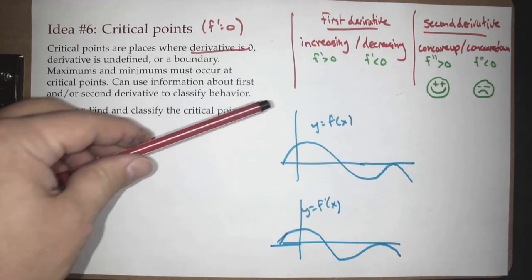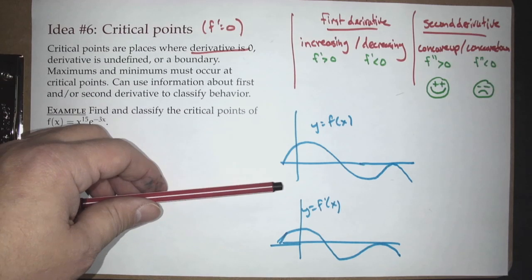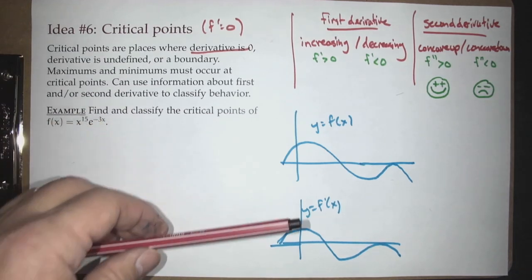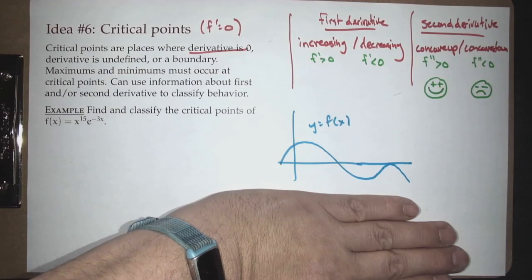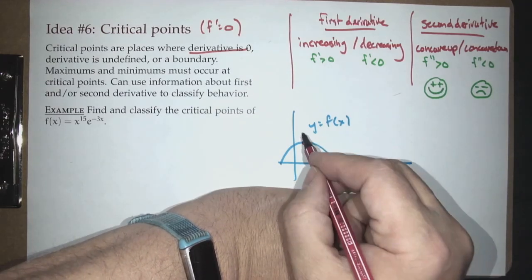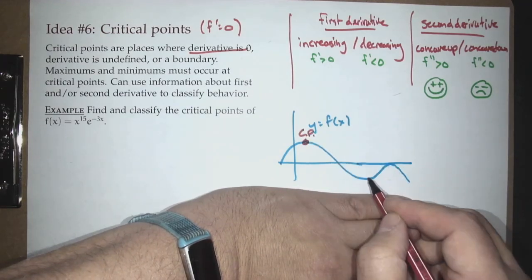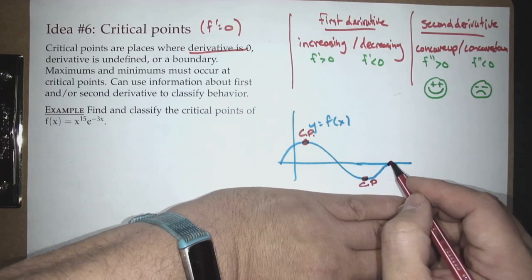So if I'm in this graph and I say I'm looking for critical points, where am I looking? If I'm thinking of it as f of x, they tend to be maxes or mins. So I say, oh, critical point. Critical point. Now, another thing that could happen is if your derivative is undefined.